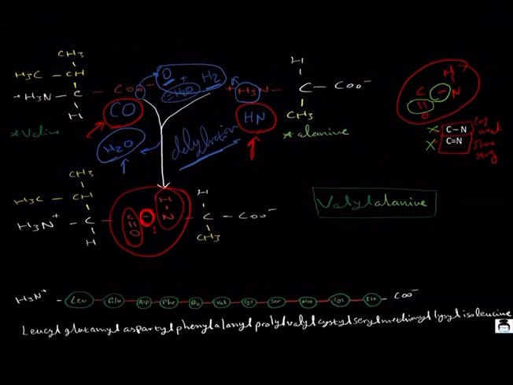So it's not a true double bond, but it resembles a double bond. For that reason, we call it a partial double bond. Now, partial double bonds are shorter than single bonds, but they are longer than double bonds. By the same token, peptide bonds are stronger than single bonds but weaker than double bonds, right? It's a partial double bond.